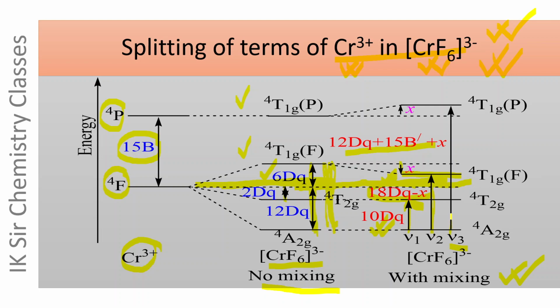The 12 Dq plus this energy difference, which is 15B, but here this energy difference will be 15B dash.